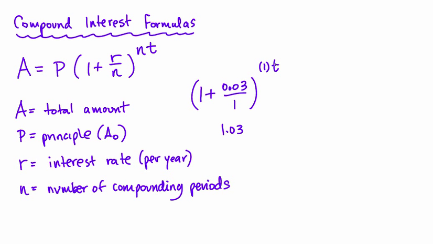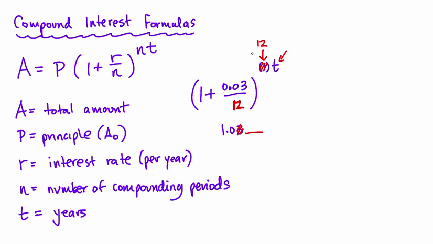Whereas if I do this in months, I cut this up. So now this is 12. And so 0.03 gets divided by 12, and I get a smaller number in here, but I get a much larger number here because every year, so if t is in years, every year I have 12 compounding.